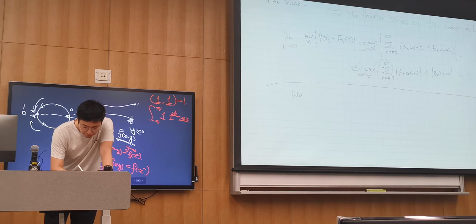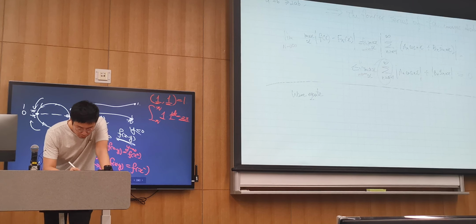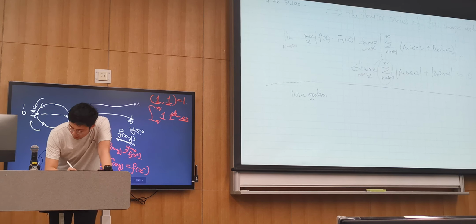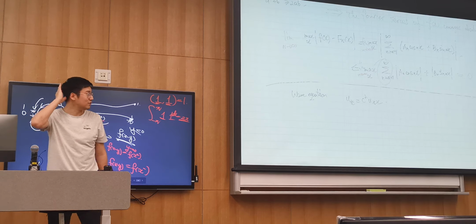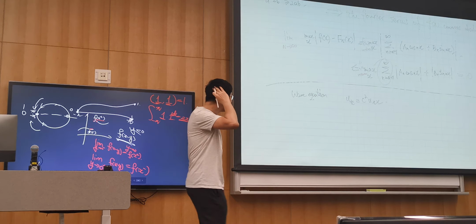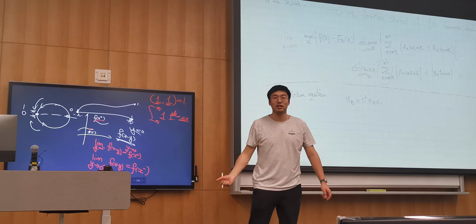So again, let's come back to our wave equation, which means that I'm talking about u_tt equals c squared u_xx. After such a long time, we again write a PDE on the lecture note.